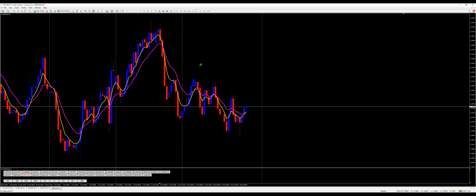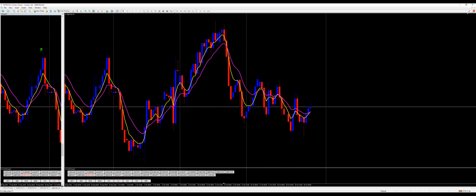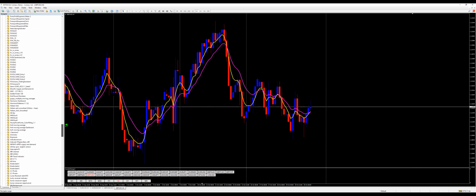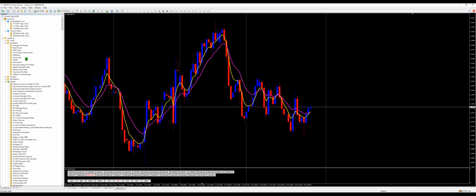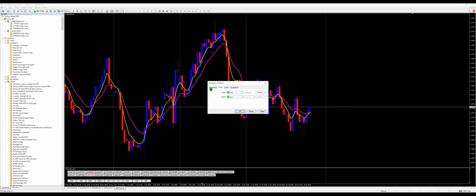Okay. Now, there's one more thing you can do to refine your entries, and that would be for me to add a stochastic. So let's just go and add a stochastic to this. My settings are 5-3-2 on the linear weighted system, or I can even do it exponential.